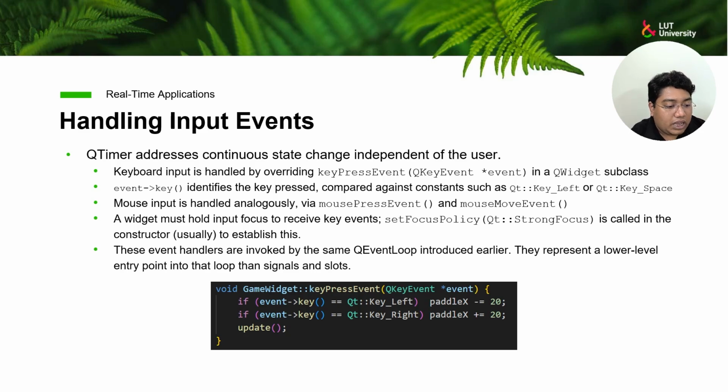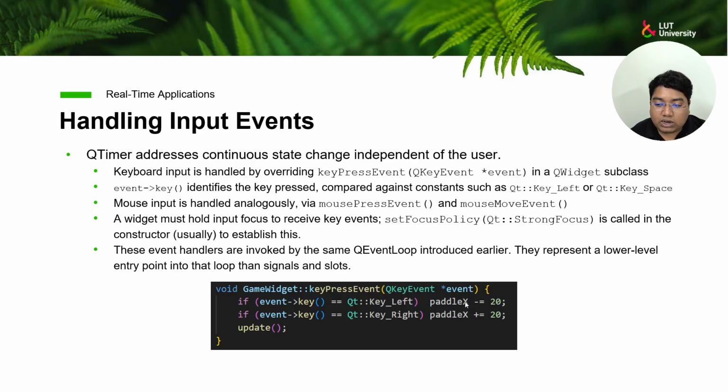Inside it, we can ask which key was pressed. For example, did the user press left arrow or right arrow or spacebar or whatever. Here we can see that we are asking the event which key was pressed. And if the key left was pressed, we will move the paddle like this.